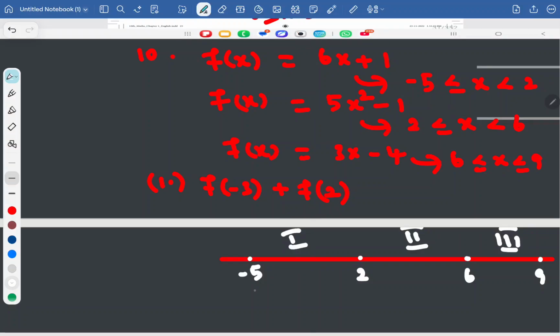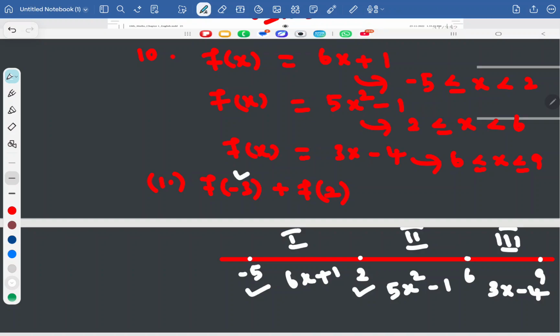First interval, minus 5 less than or equal to x less than 2, 6x plus 1. 2 less than or equal to x less than 6, f of x is 5x square minus 1. 6 less than or equal to x less than or equal to 9, this is 3x minus 4.